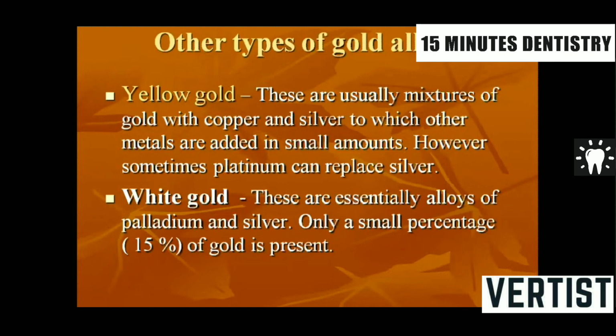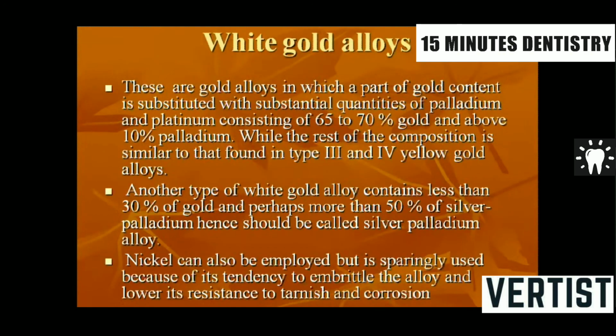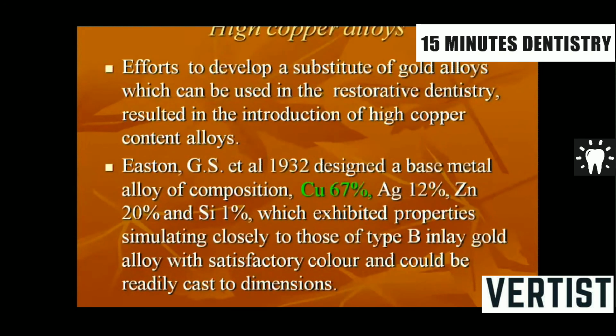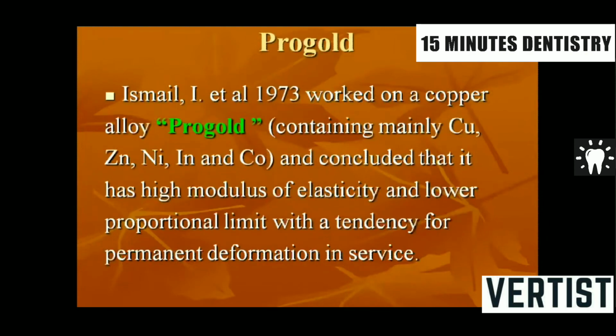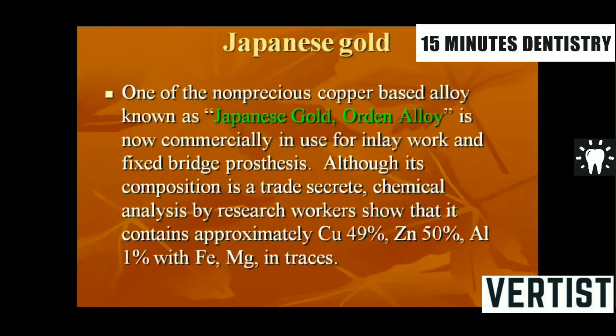There are a few other types of gold alloys which all of you should only know the name of. You need not go into much detail of this. Some people call them yellow gold, white gold, high copper alloys, pro gold, Japanese gold.